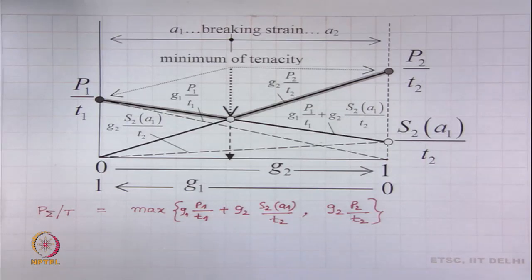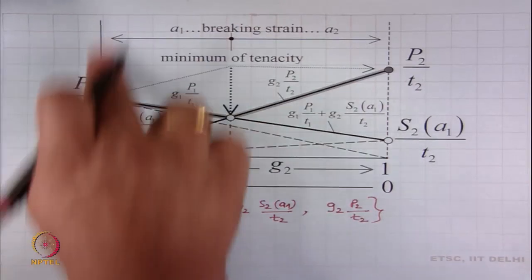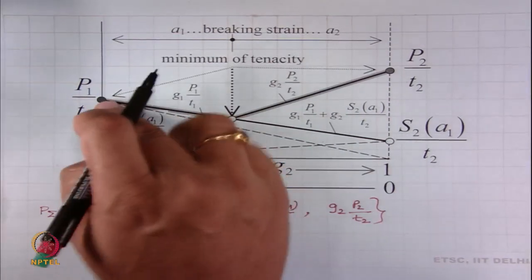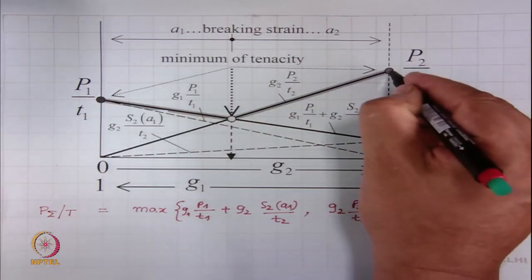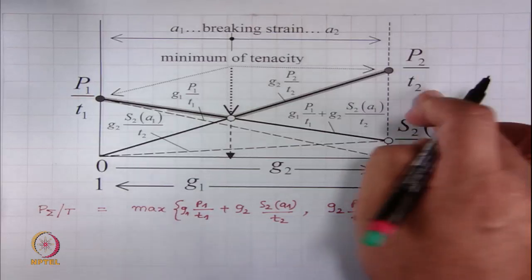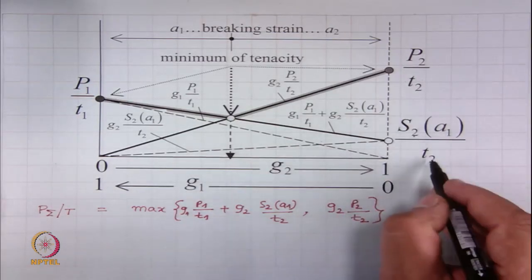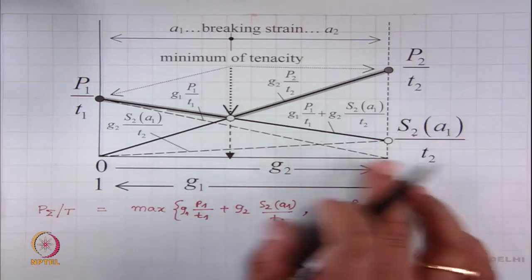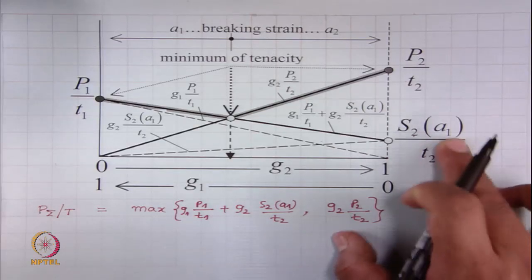It has two y axes. On this y axis, this point is basically P1 by T1 and this point is P2 by T2. This point is S2 A1 by T2. So, this is basically specific stress of fiber type 2 at breaking elongation of fiber type 1.